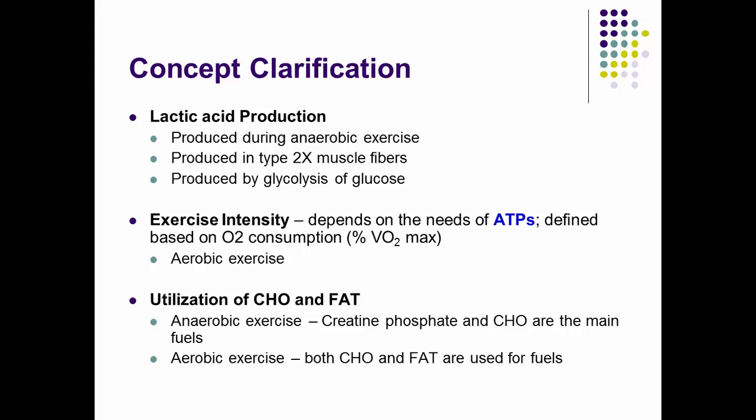So normally lactic acid is produced during anaerobic exercise, and by certain muscle fibers. Type 2X, remember, are anaerobic fibers, usually with a lower oxidative capacity and higher glycolytic capacity, and are a major source of lactate production.